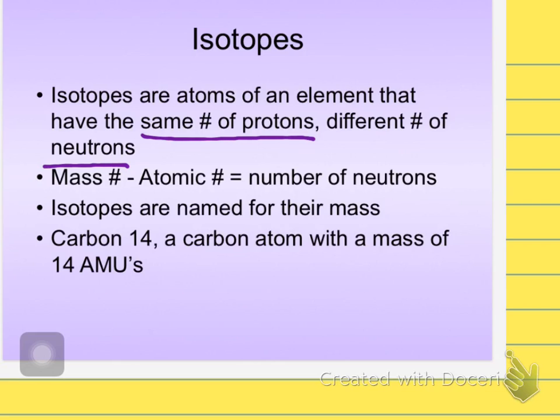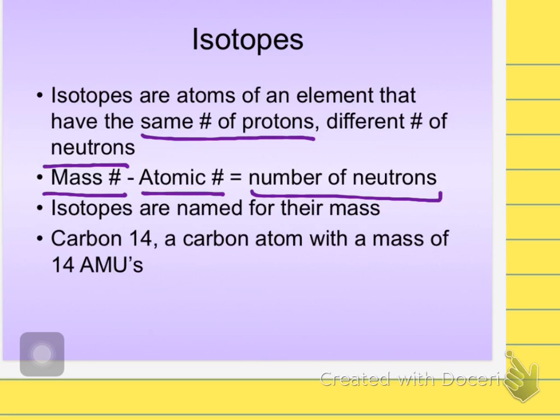So the mass number, which is, remember, the number of protons plus the number of neutrons, minus the atomic number, which is the number of protons, can be used to get the number of neutrons by subtracting one from the other. And isotopes of any element are named for their mass.